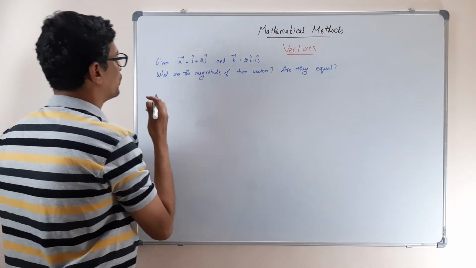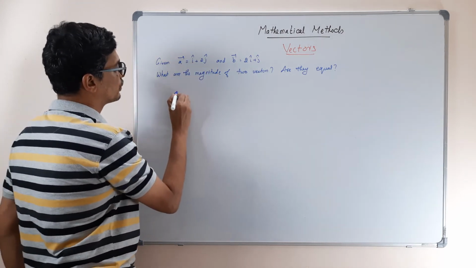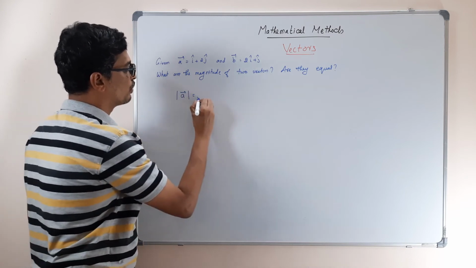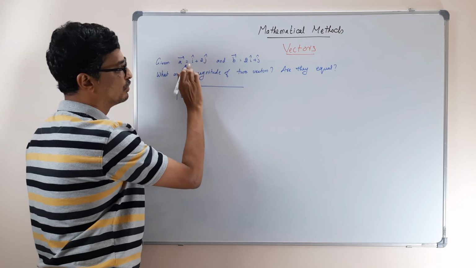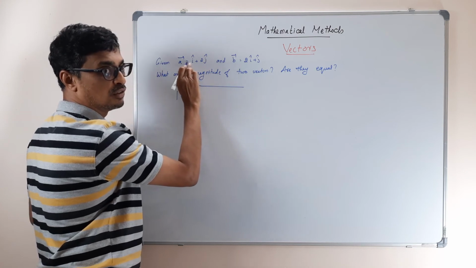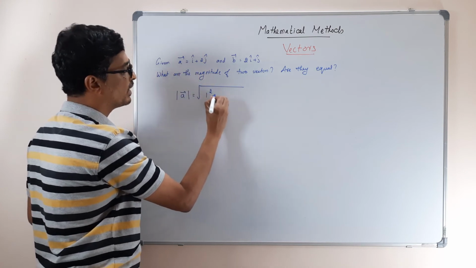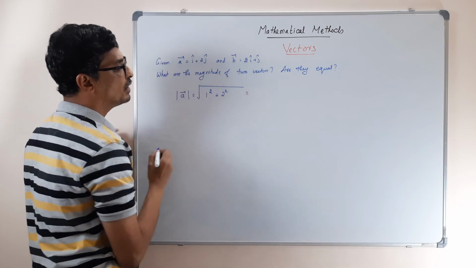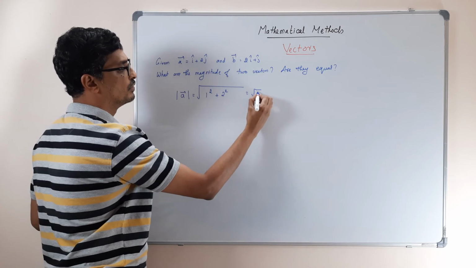Find out the magnitude. Magnitude of A vector will be equal to square root of 1 square plus 2 square, that will be equal to root of 5.